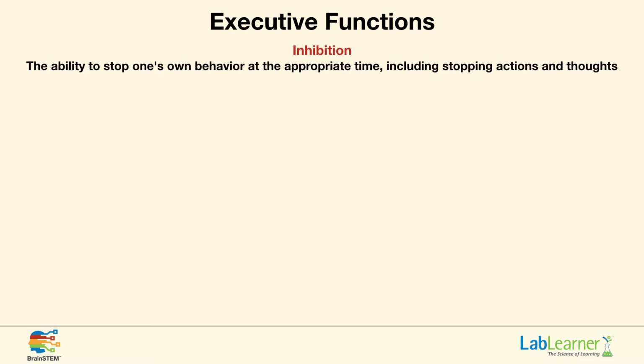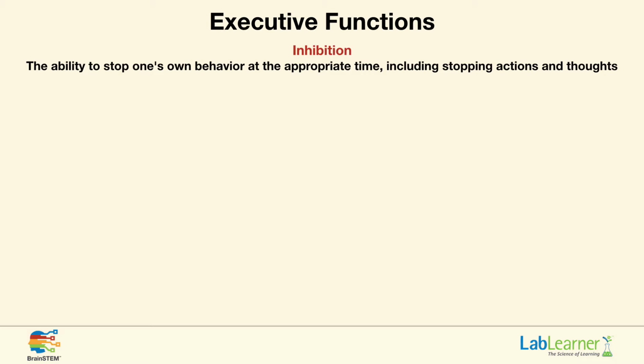Okay, so inhibition, before you can think about something new, you're going to have to stop what you're currently thinking about. And that may not be easy. If you think about it, that may not be easy. Certain thoughts may be coming back to you and stopping you from shifting into a new thought pattern. Also, actions.